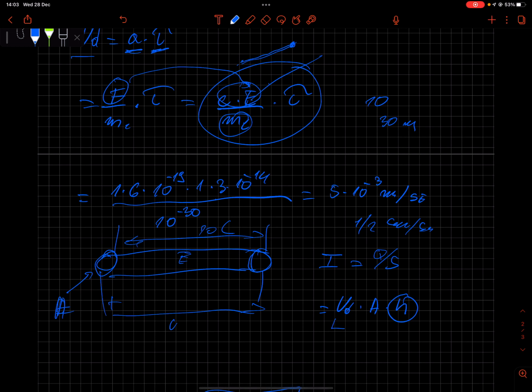So this is the number of electrons which will pass in 1 second through this cross section A. Now if we multiply this by the electric charge of each electron, we have the current.